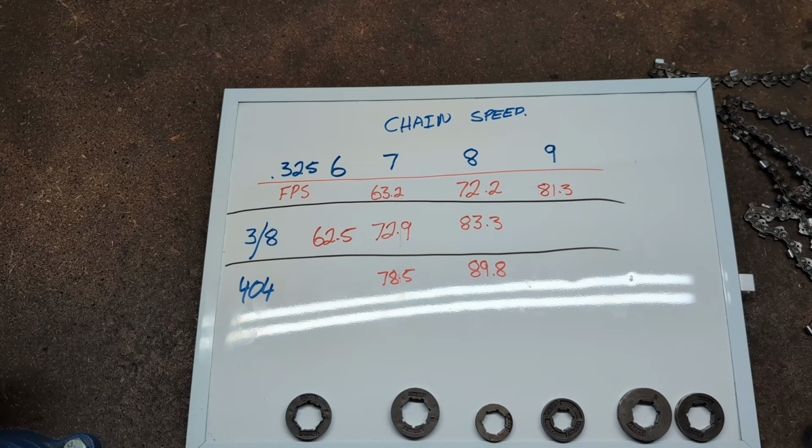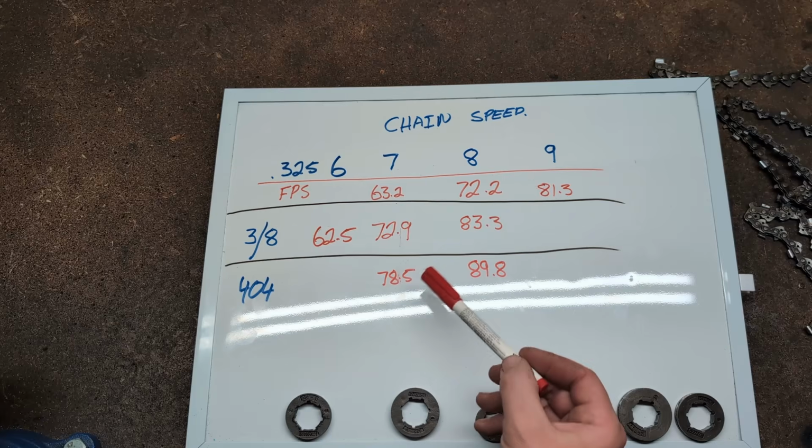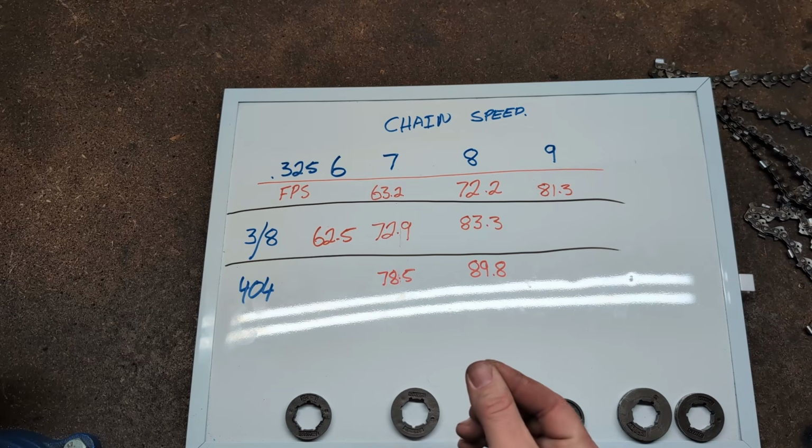There's some things that occur, some factors that occur during this that changes things. If you were to measure the amount of teeth passing by a fixed point, you'll potentially have more cutters engaging in the wood at any one time, driving the same chain speed but with a smaller chain pitch. This is part of it.